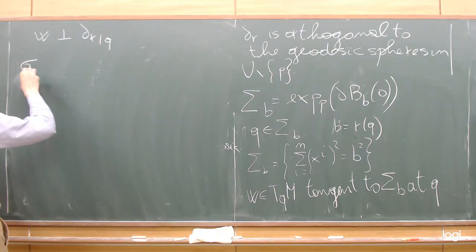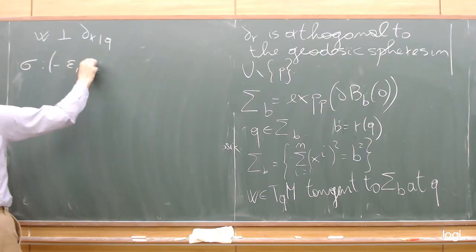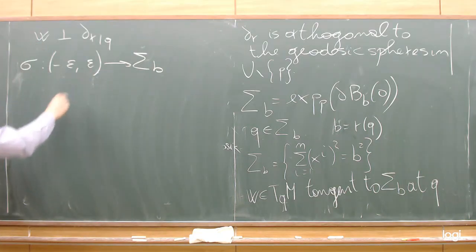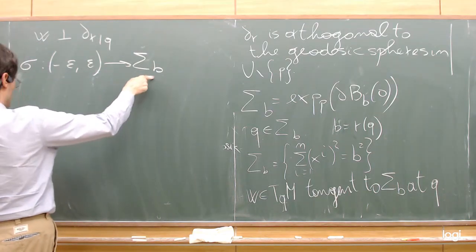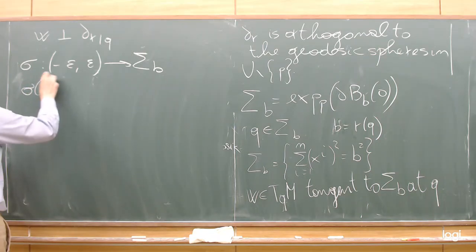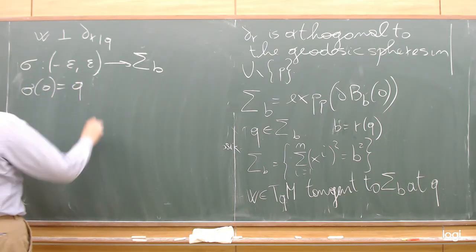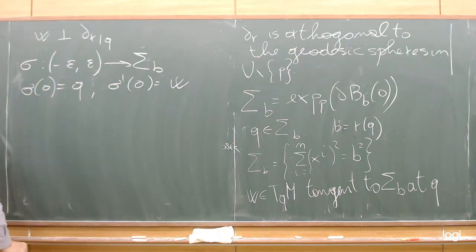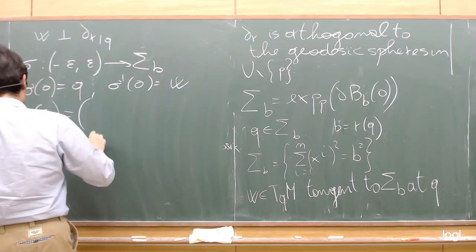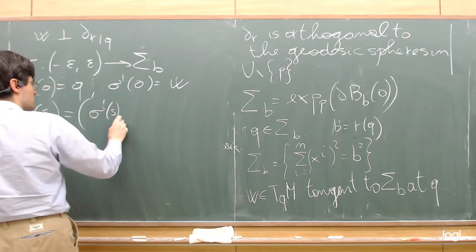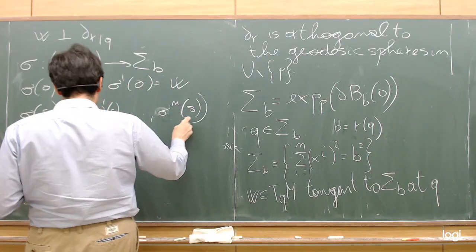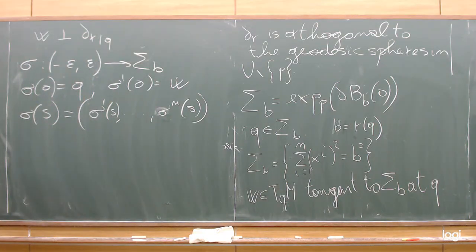So sigma, defined on (-epsilon, epsilon) with values in sigma_b, with sigma(0) equal to Q, sigma prime(0) equal to w, and we suppose that in local coordinates sigma(s) is given by (sigma^1(s), ..., sigma^n(s)).